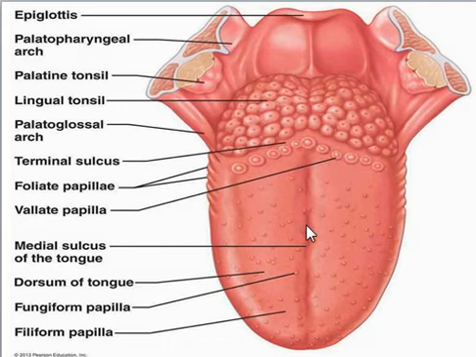We have three main types of papillae: the foliate papillae, the fungiform papillae, and the filiform papillae. Also, the tongue is separated in the middle by the medial sulcus of the tongue.